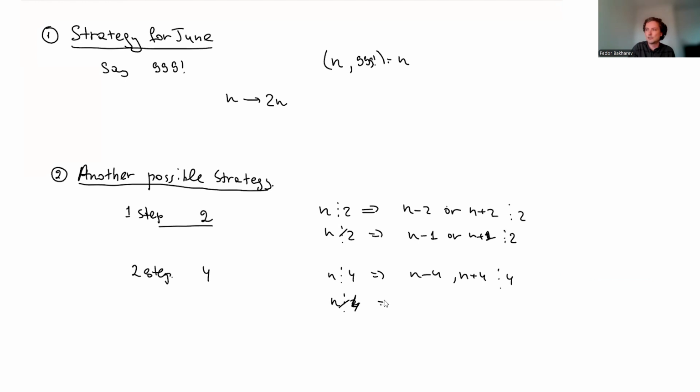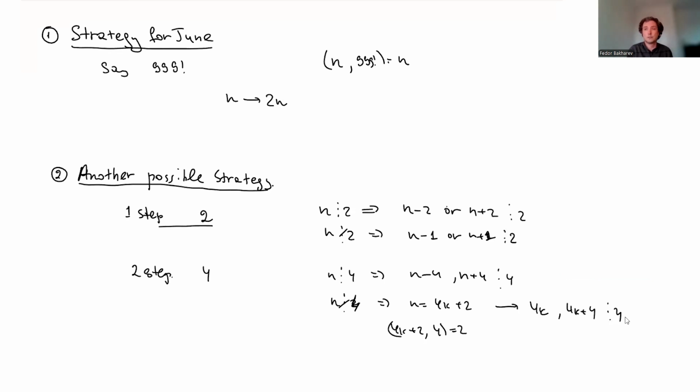So in this case, n is of the form, for example, 4k plus 2, and the greatest common divisor of this number and 4 is 2, and we will get either the number 4k or 4k plus 4, and they will both be divisible by 4. And so on, increasing the power of 2 on each step.